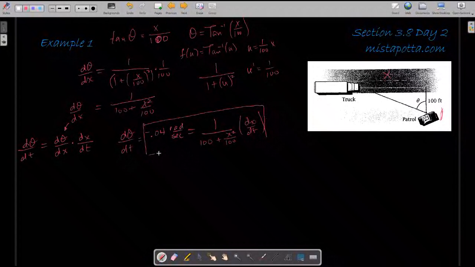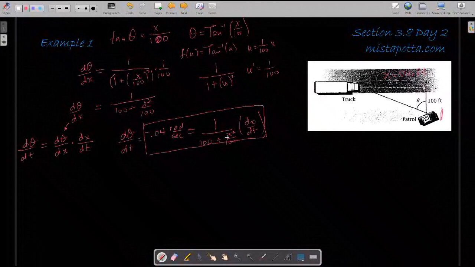and all I need to know to make this work is x squared. In other words, if I know what this distance is, then I can calculate how fast the truck is traveling. So let's say for our purposes that this distance is 500 feet. So x for our purposes is 500 feet.